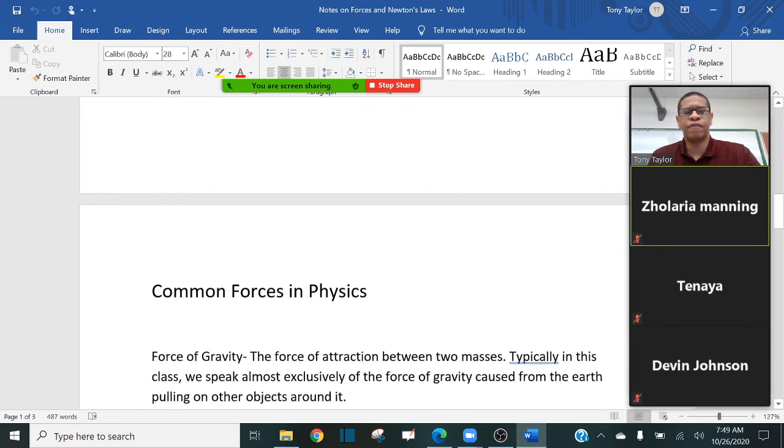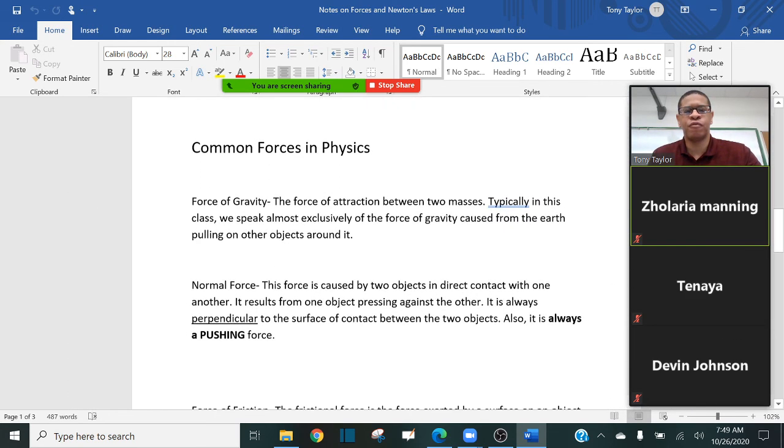But today we're going to focus on the common forces in physics. These common forces are going to be very, very important, because we're going to talk about these forces throughout the year.